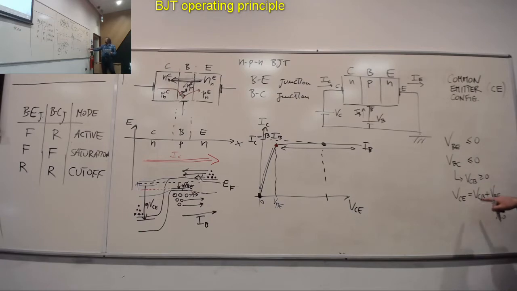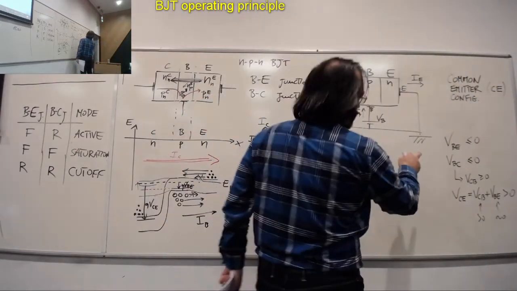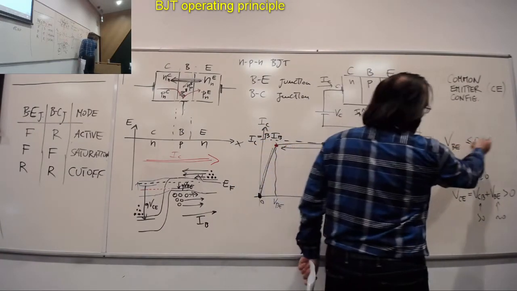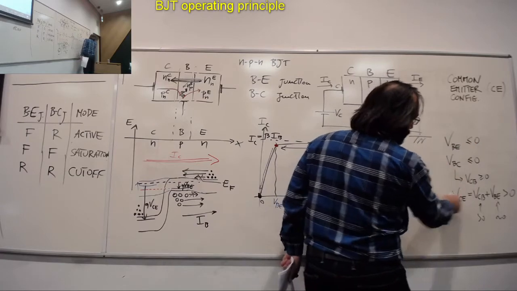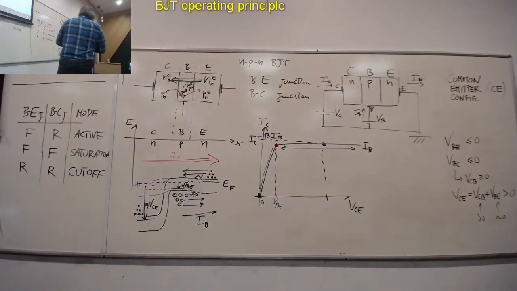VCB, well, VCB is positive. And so VCE must be positive. So really the cutoff mode means VBE reverse biased, 0 for us, and VCE positive.